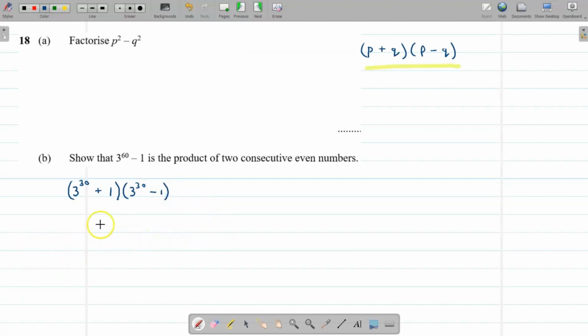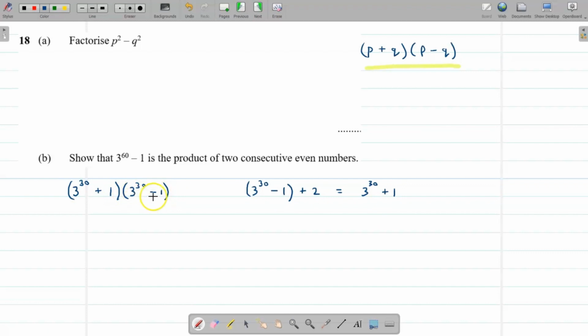And you've got to show that that is the product of two consecutive even numbers. Well, 3 to the 30 minus 1, if you add 2 onto that, so 3 to the 30 minus 1 plus 2, is now the same as 3 to the 30 plus 1, because I've got minus 1 plus 2, which is the other term.